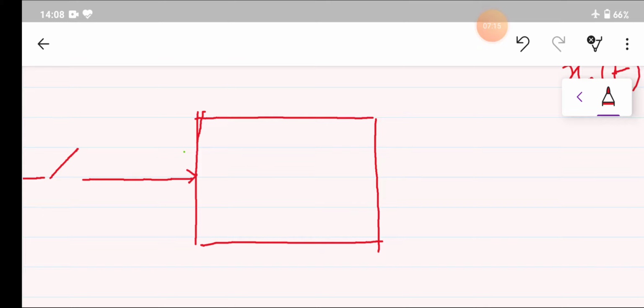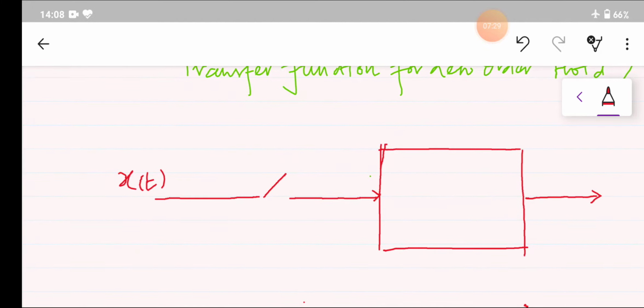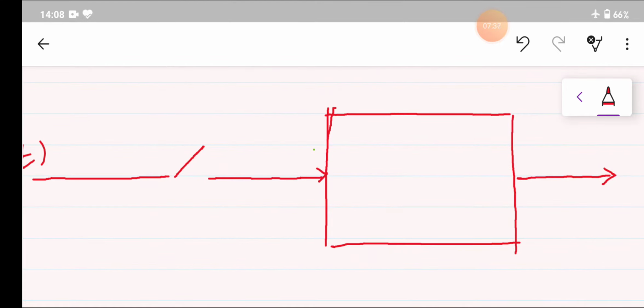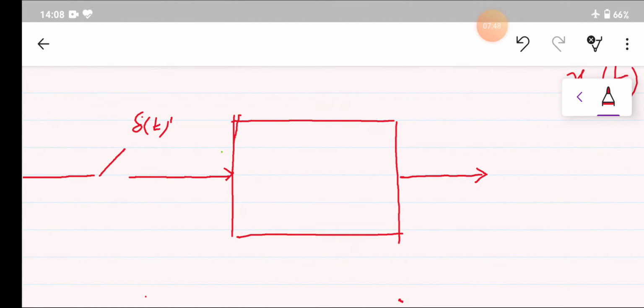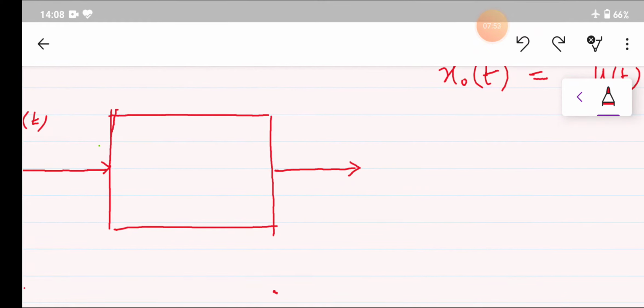And after the zero order hold, a signal will be produced as this. So here we have xt, this xt is converted here into a train of impulses, or we can say that for the first instant it is equal to delta t, and here we have x naught t.